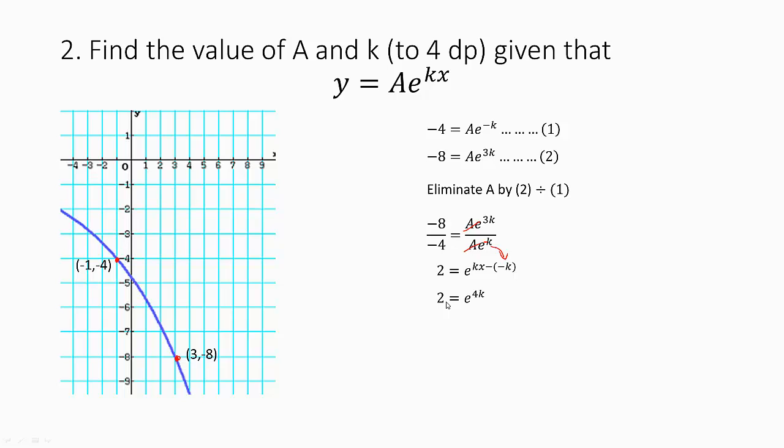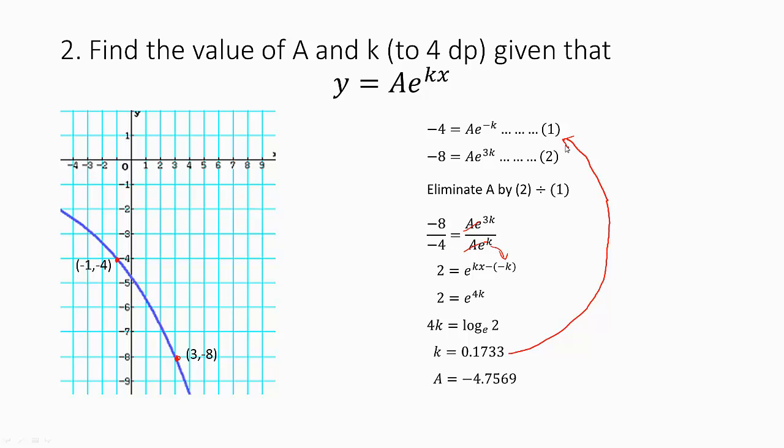We're asked to solve this to 4 decimal places. 4k equals log base e of 2. Put that into your calculator, solve, and k equals 0.1733. Substitute that back into your original equation, either one of these equations up here, and you'll end up with a equals minus 4.7569.